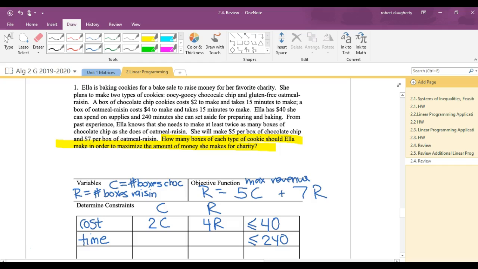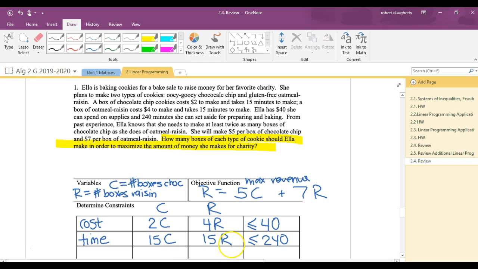And so how much time does it make for a chocolate? So it tells me it takes 15 minutes for oatmeal raisin. Chocolate is 15 and oatmeal raisin is 15. So it takes 15 minutes for both of these.